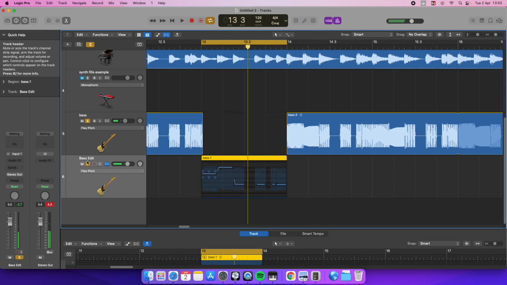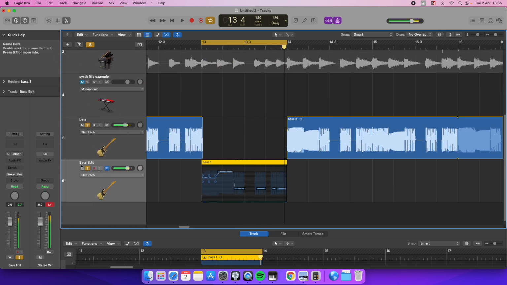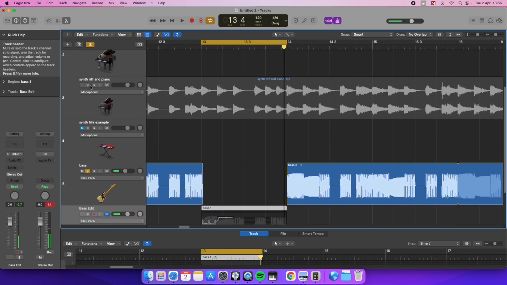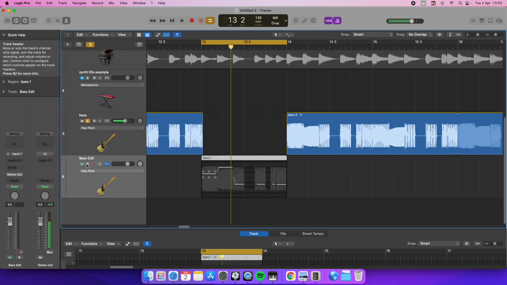And our example. Is it going that low? No, it's going lower than that note, isn't it? Is it E?